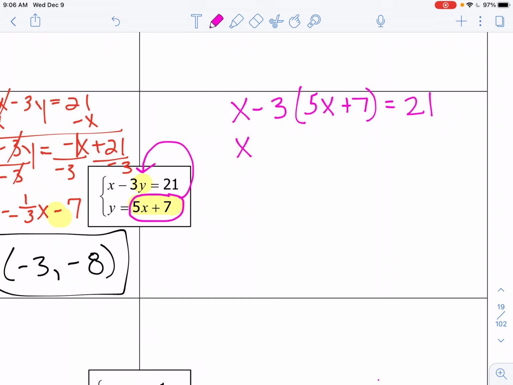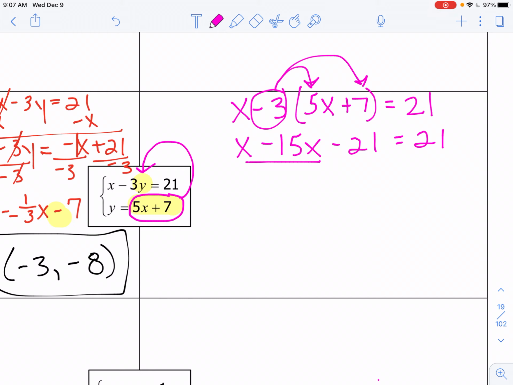So I have x, negative 3 times 5x is negative 15x. And then negative 3 times positive 7 is a negative 21. Now I'm going to combine like terms right here. x, which is 1x, 1 minus 15 is negative 14x, minus 21 equals 21.